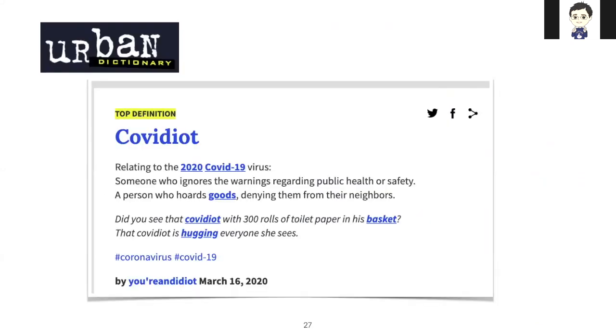So right now is again the time we are going to give you a poll. Recently in Urban Dictionary, I learned a new term called covidiot, a person who hoards a lot of goods and denies them to their neighbors. I had exactly this kind of experience: I went to the grocery store several times in 3 weeks, not every day, but occasionally, because we wanted to reduce the chances of going out. It turned out that I could not find any eggs in the grocery store.